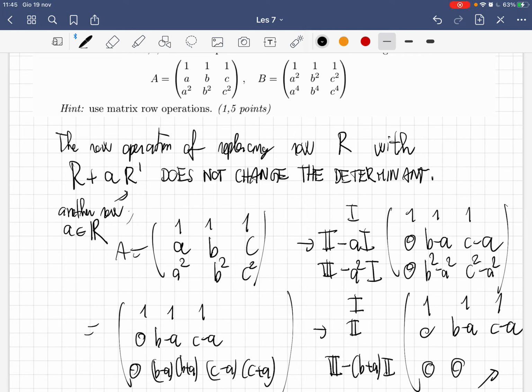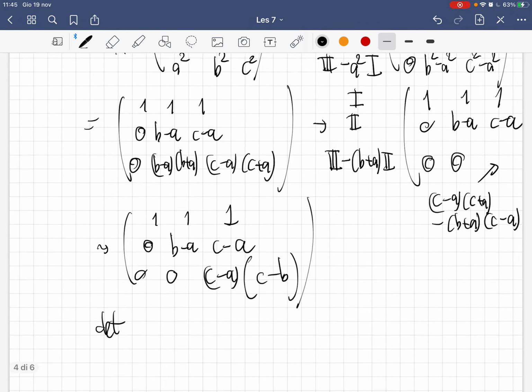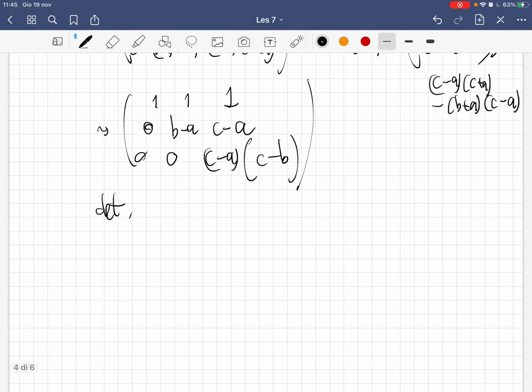We've said that these row operations don't change the determinant. So the original determinant is the determinant of this, and this product here, B minus A, C minus A, C minus B, which is, I think, quite a nice formula to have. Let me just check if I got it right, but I think so. Yep, it's okay.